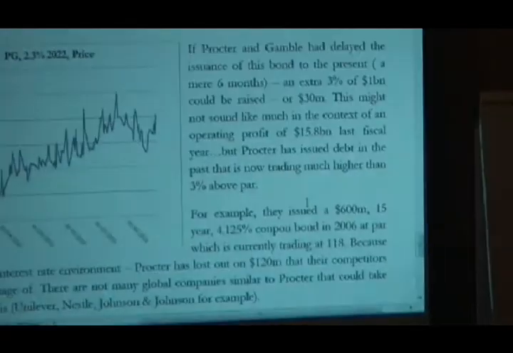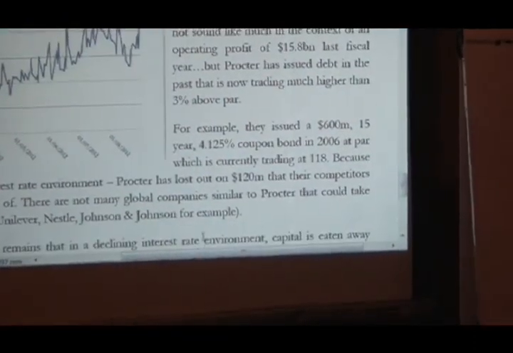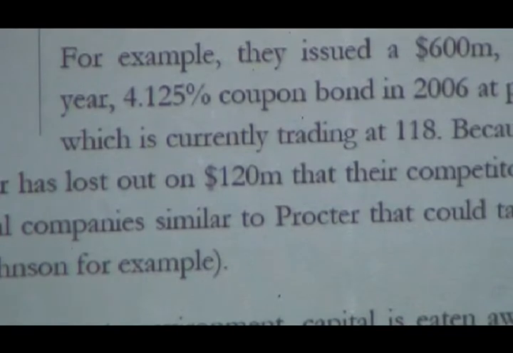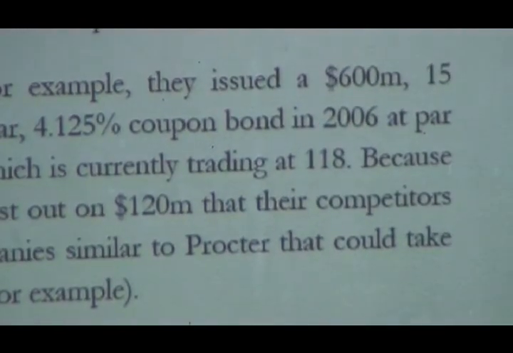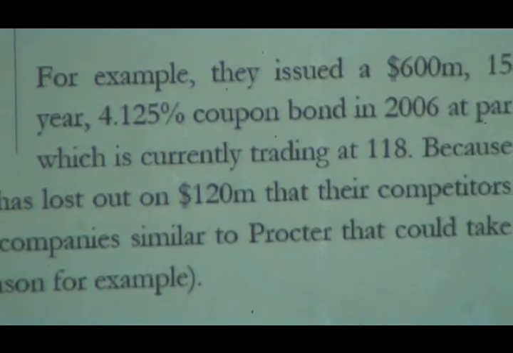But the point is that Procter & Gamble constantly issues debt. And they issued a $600 million bond in 2006, currently trading at 118.